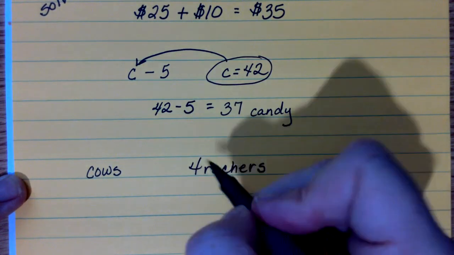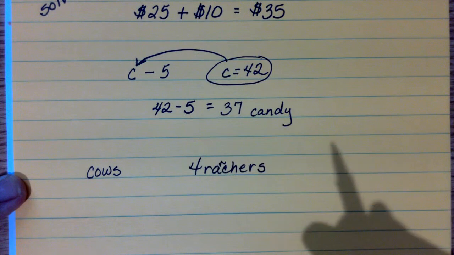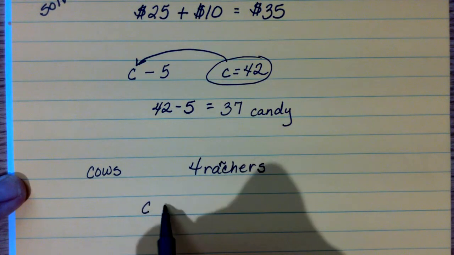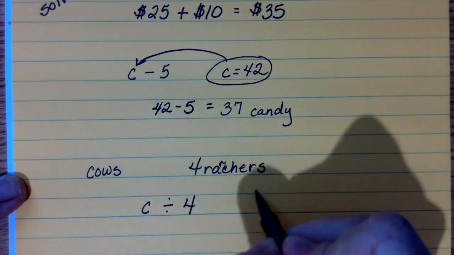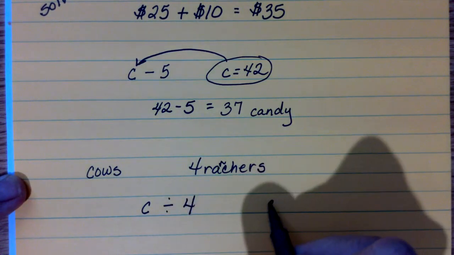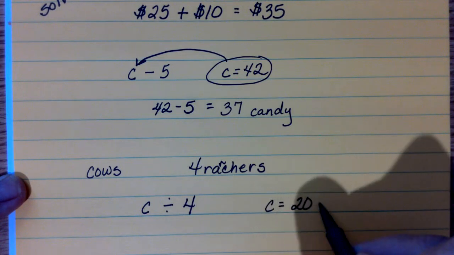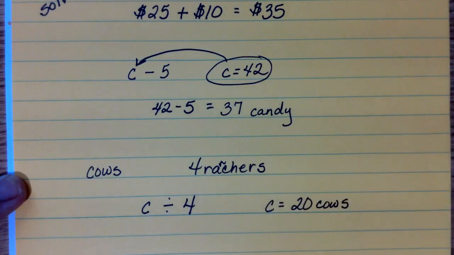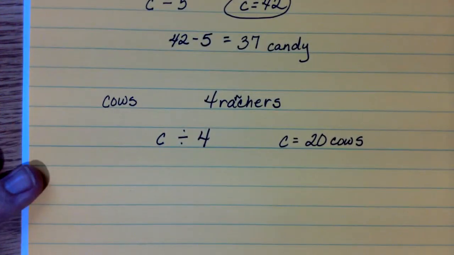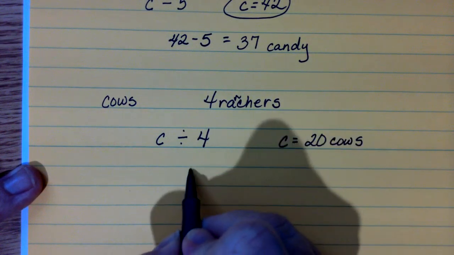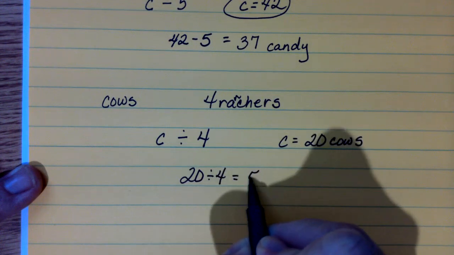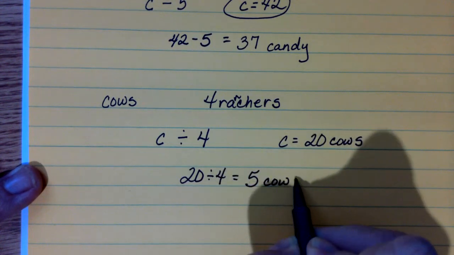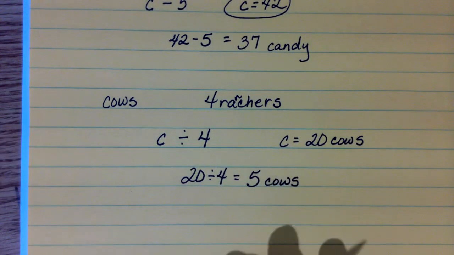Our expression is going to be cows divided by 4. Let C equal 20 cows. So we have 20 cows, and each of the 4 ranchers is going to get an equal amount. So we're going to do 20 divided by 4, which equals 5. Each rancher would get 5 cows.